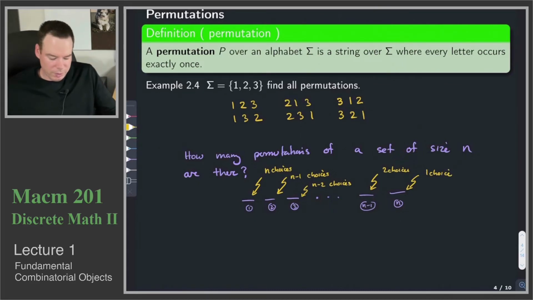And so the number of ways I can fill those slots using n letters, where I'm distributing all n letters across here, not using any one more than once, and not leaving anyone out, is n times n-1 dot dot dot times 2 times 1, which is denoted by n factorial permutations.